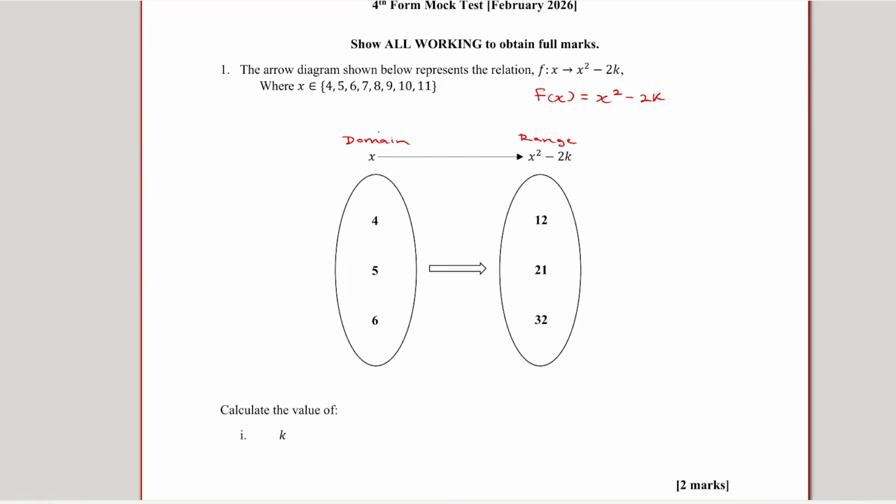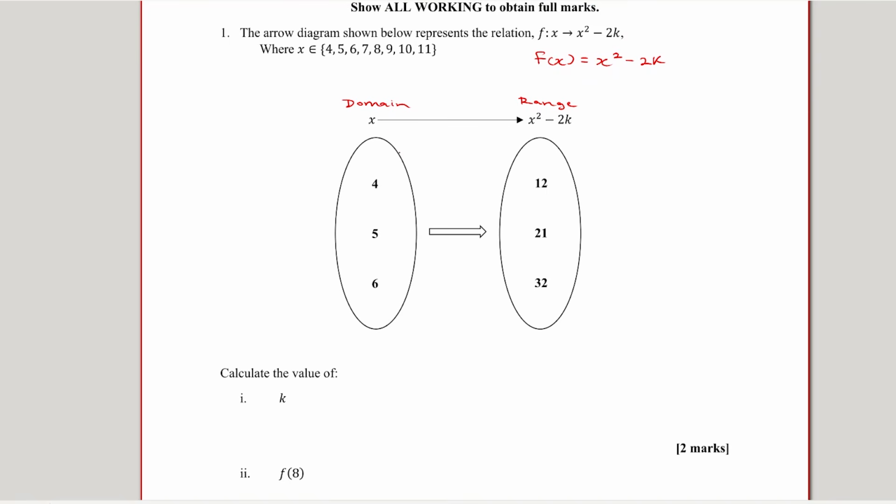The domain represents the x values that we're going to substitute in our f of x function. The range is just the output values. The domain values are 4, 5, and 6, while the values of the range are 12, 21, and 32.